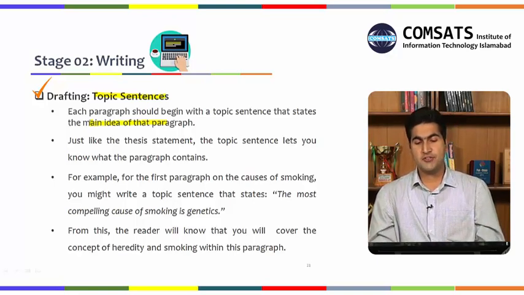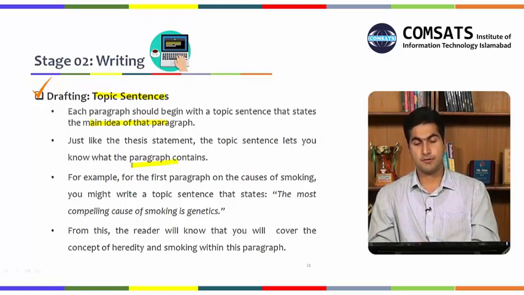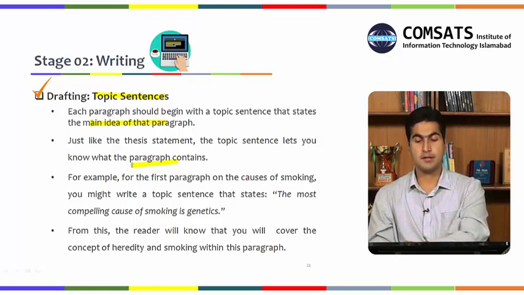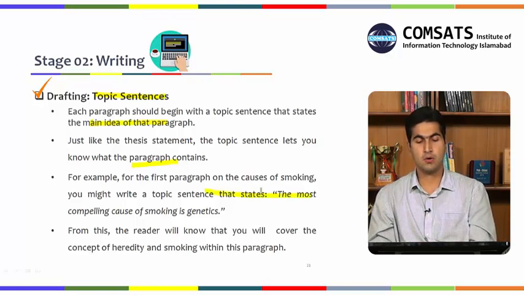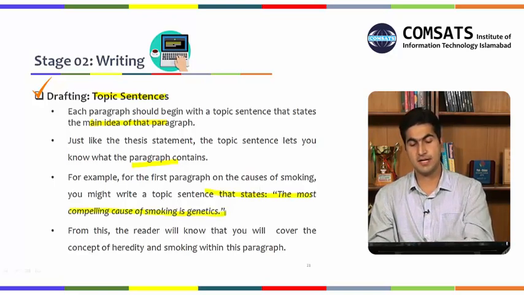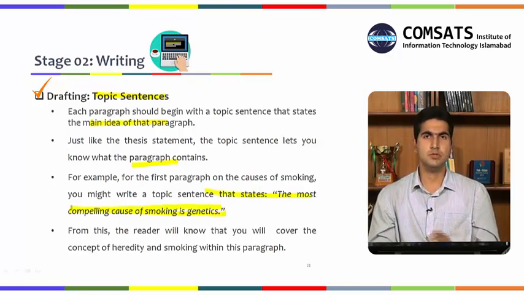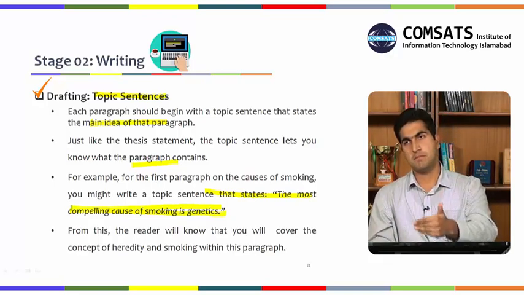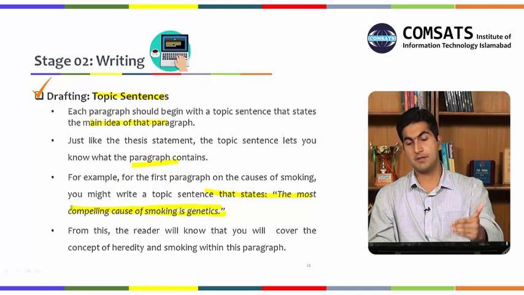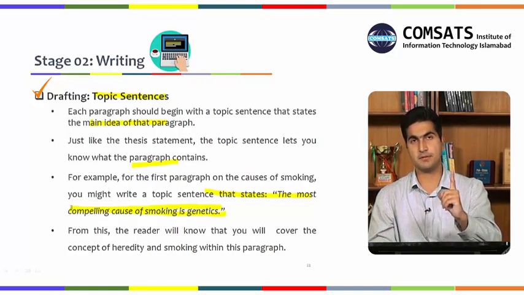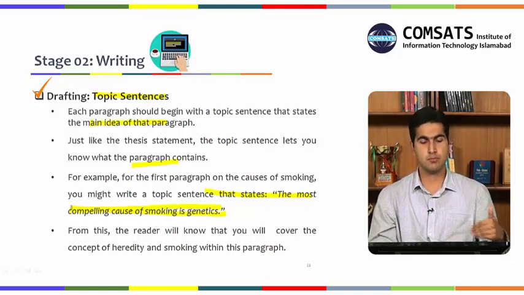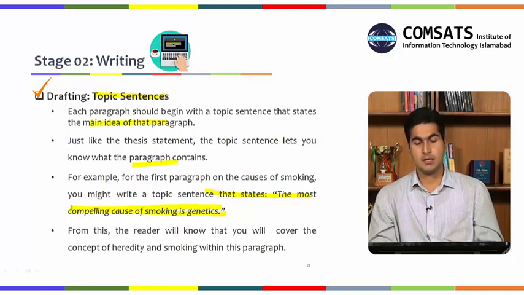So similar to a thesis statement, it lets you know what the paragraph contains. For example, for the first paragraph, you can simply write that the most compelling cause of smoking is genetics. Based on the thesis statement, you have provided one reason, and now you're going to proceed towards providing some supporting details.